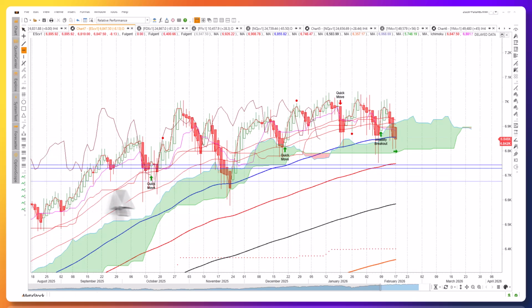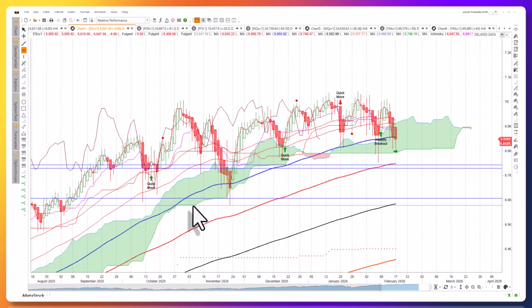And if these support levels fail, then we're looking at these further down, this level 6,606, and then the bottom end of the cloud, that zone 6,500 and basically 80. So these are the downside risk targets if support fails to come in at the bottom end of the Ichimoku cloud, and then the Ichimoku cloud moves into bearish territory.